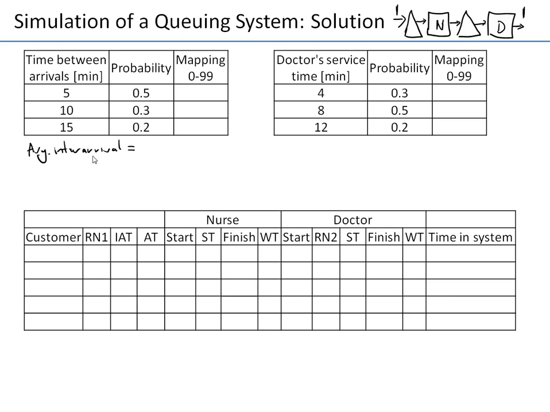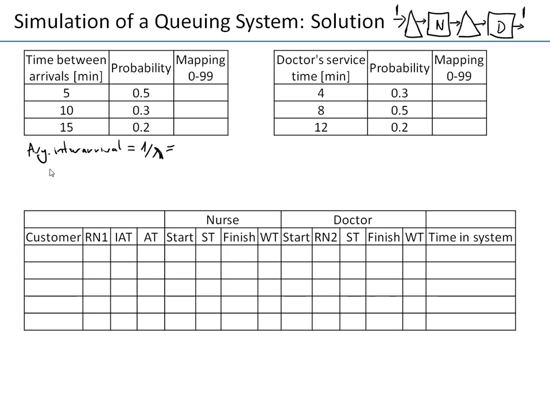So what is it? Average inter-arrival time, using our queuing symbols, is 1 over lambda. It can be computed in this case as the expected value of this random variable. If the inter-arrival can be 5, 10, or 15 minutes with those probabilities, the average inter-arrival is just the expected value of this random variable.